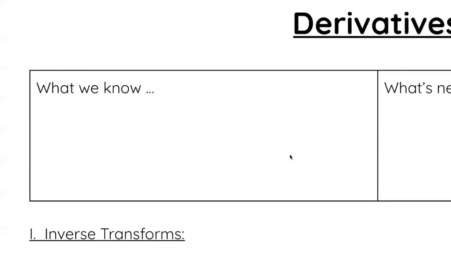All right, and so let's start with a little bit of what we know. What we know is that back in Calc 1, we learned that we could take a derivative of a function. In this relatively simple example, we take the derivative of x squared and we get 2x.